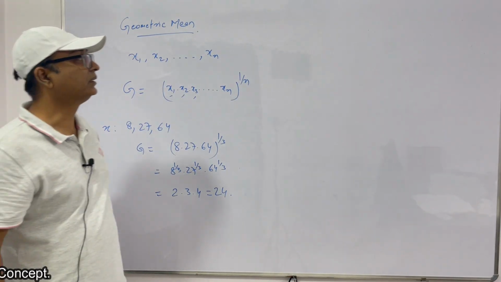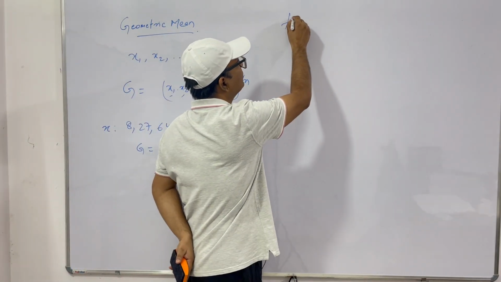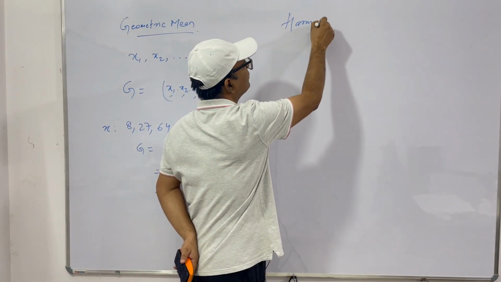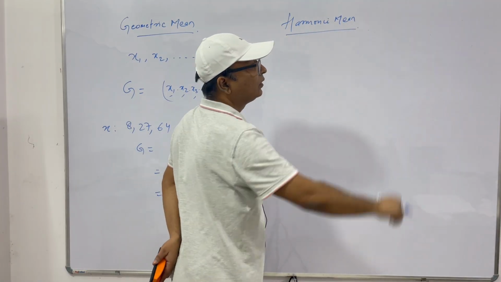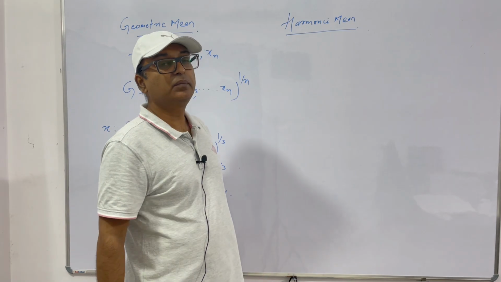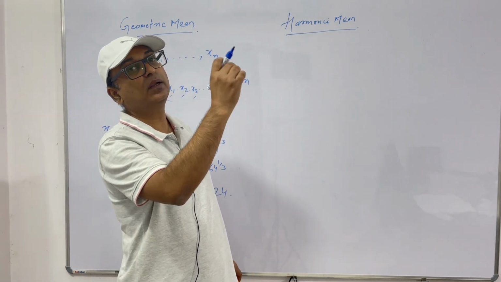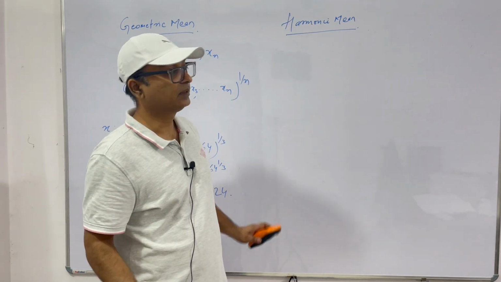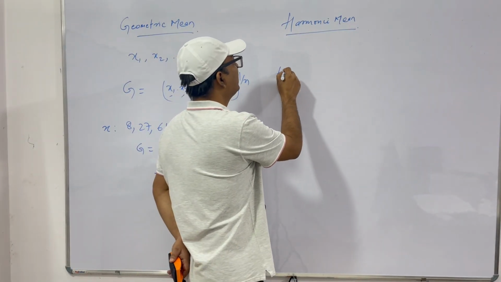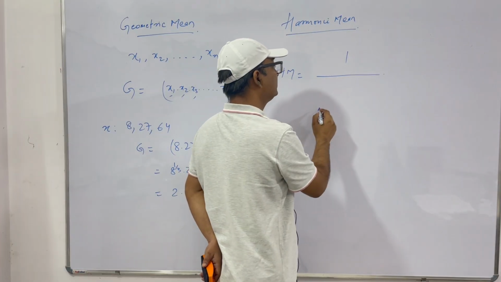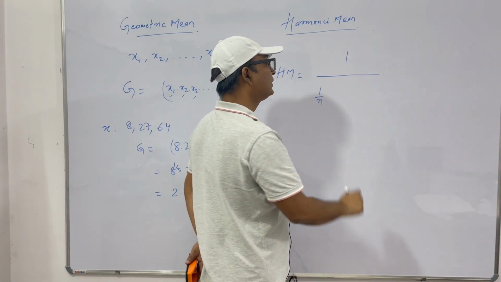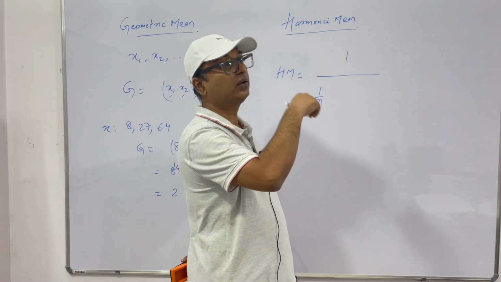Next is harmonic mean. What is harmonic mean? It is the reciprocal of the arithmetic mean of the reciprocals of the values of the variables. What is the meaning? Harmonic mean is the reciprocal of 1 by n of the arithmetic mean of the reciprocals of the values.